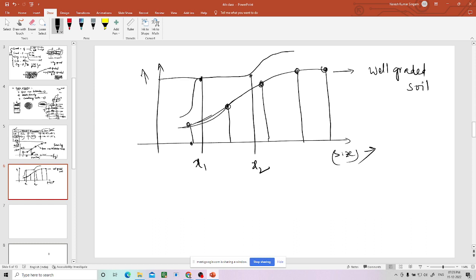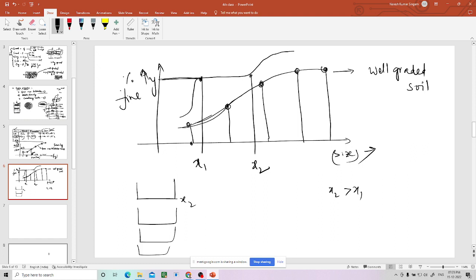For both of those values there is a y, right? What is this? This is percentage finer. So I'll draw x2 here. X2 is bigger than x1 size, right? So x2 here, and there is another sieve, and there is x1 here, let us say.